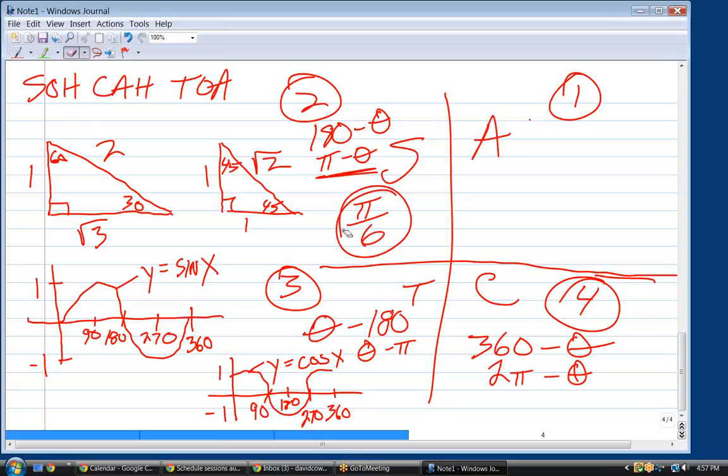And pi over 6 is 30 degrees, so you can use this triangle and this angle. So now our picture is complete. If you memorize everything you see there, you will be able to answer any trig function without your calculator, as long as it's not an oddball trig function. In other words, as long as it's a multiple of 30, 45, 60, or 90.